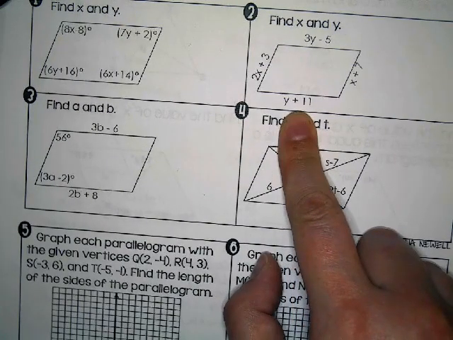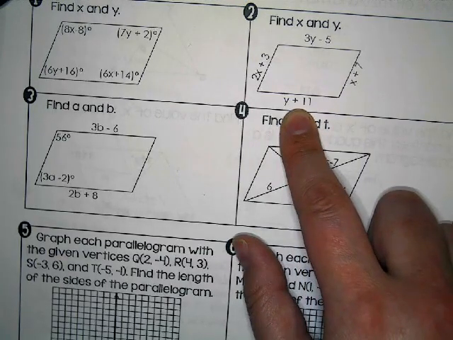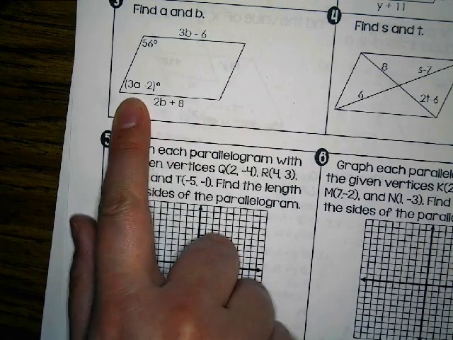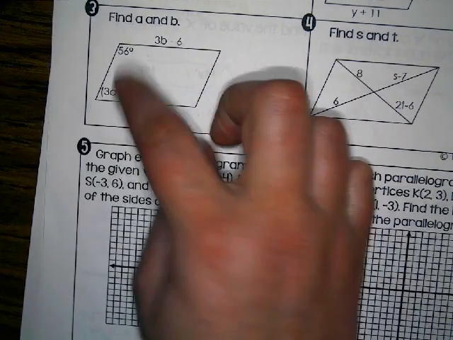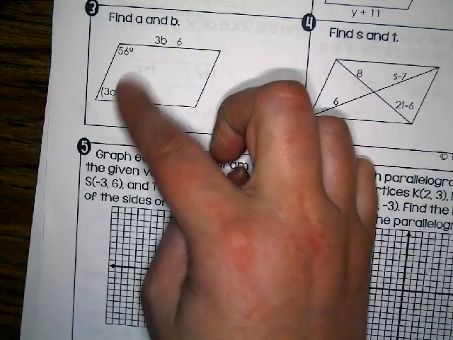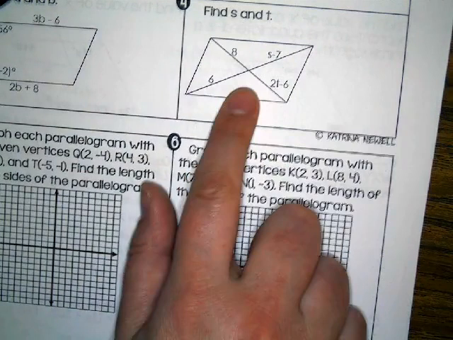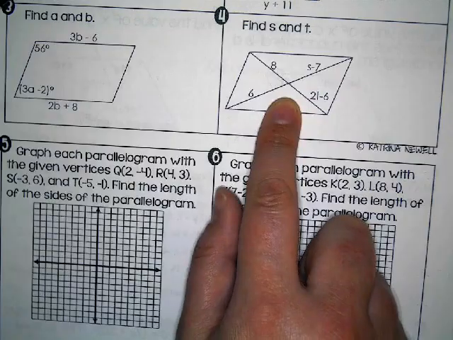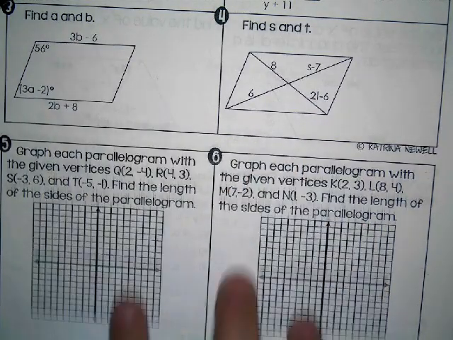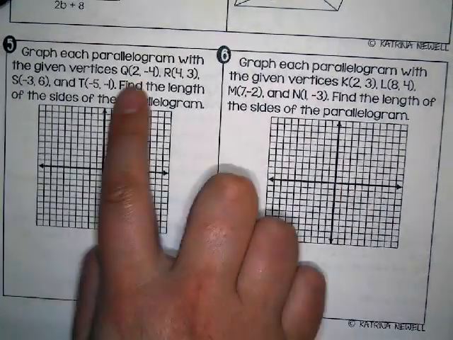What about here? The consecutive angles are supplementary, okay? And then we have opposite sides again. What are they using here? Diagonal lines bisect each other, okay? And then these two are just like what we just did at the end of the notes. They're going to have you draw the parallelogram first, and then you're going to make sure that those opposite sides are actually the same length.